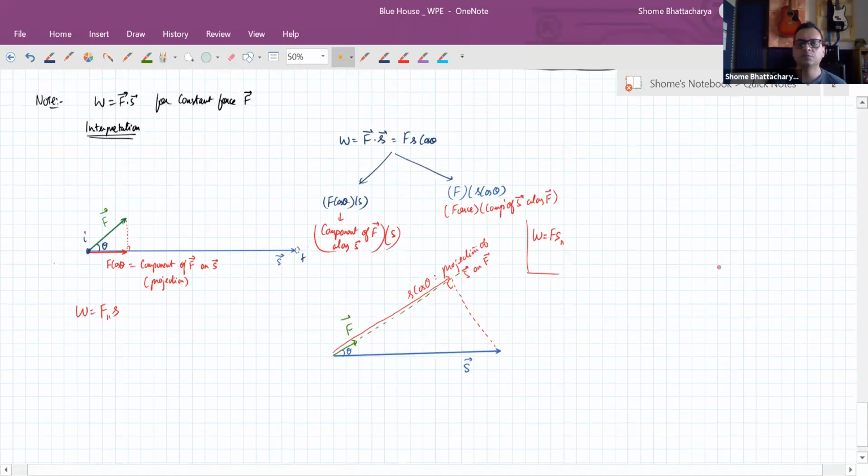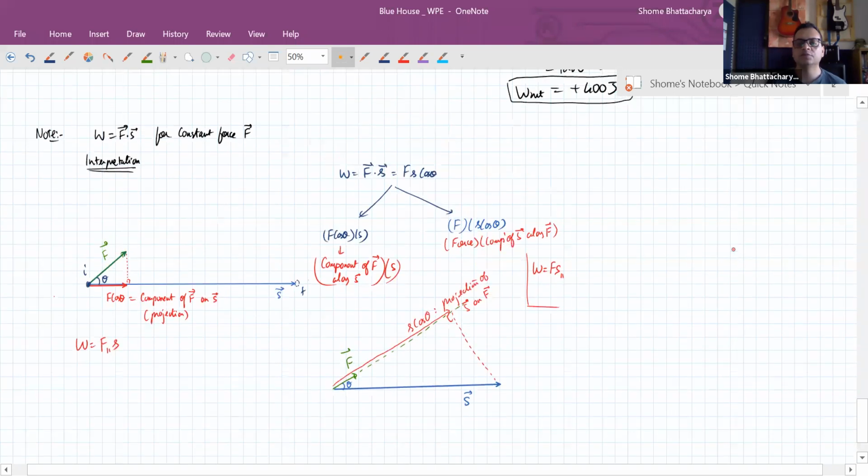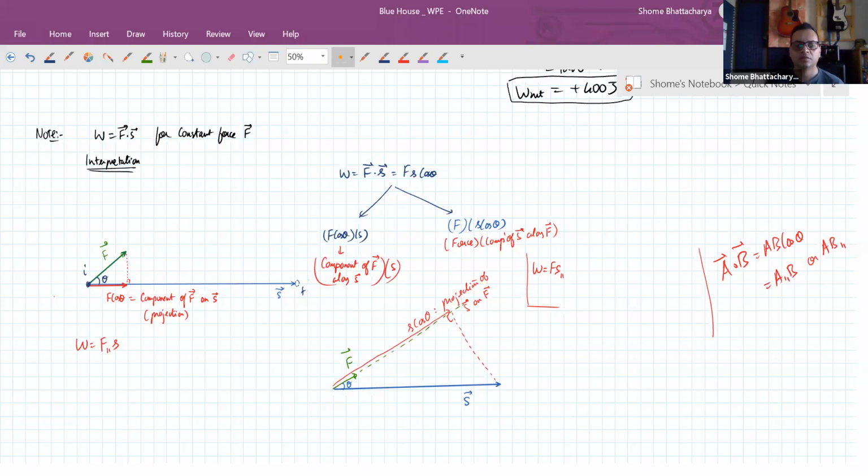When we write the scalar product of two vectors, A dot B, which is AB cos theta, you can think of it as the parallel component of A into B or A into the parallel component of B. So that's where the projection concept also becomes important. When we were doing dot products, I told you that the first time you will see the importance of dot product and the concept of projection will come in work-energy. And this is what it is.